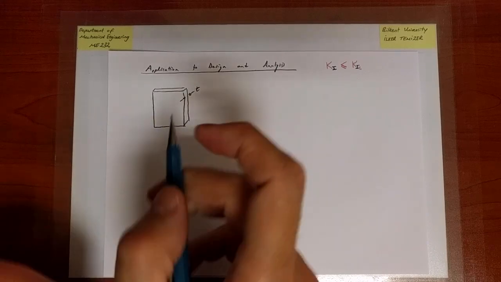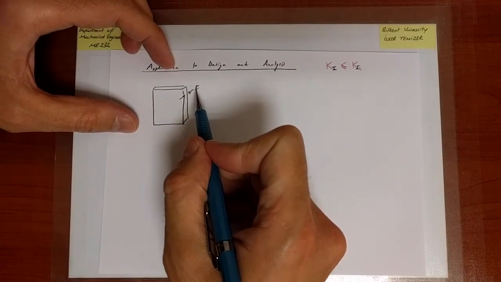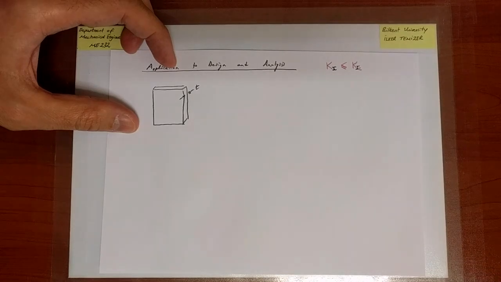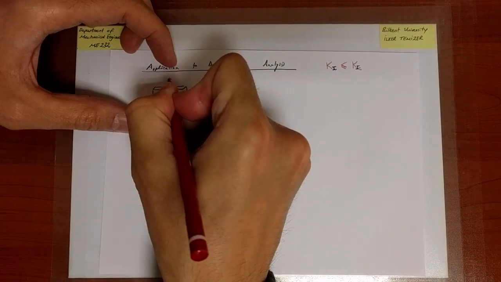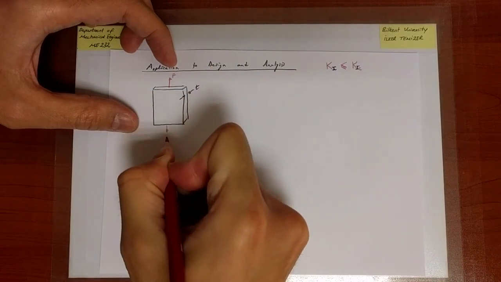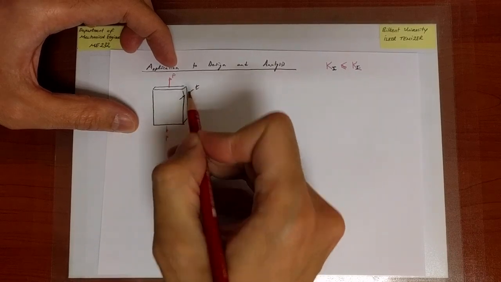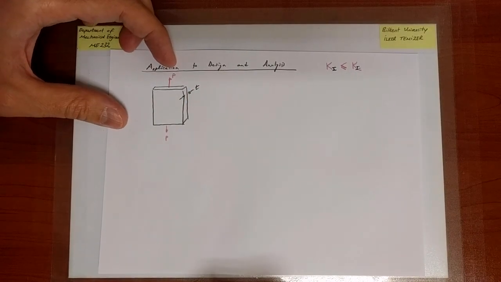However, it is relevant to the calculation eventually of the stresses because I will eventually apply a load here, and I will need to calculate a stress which scales inversely with T.